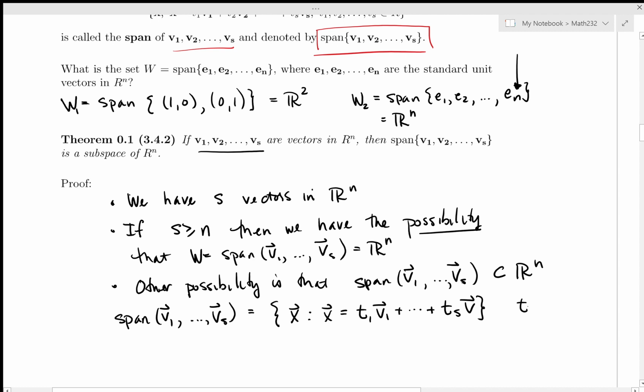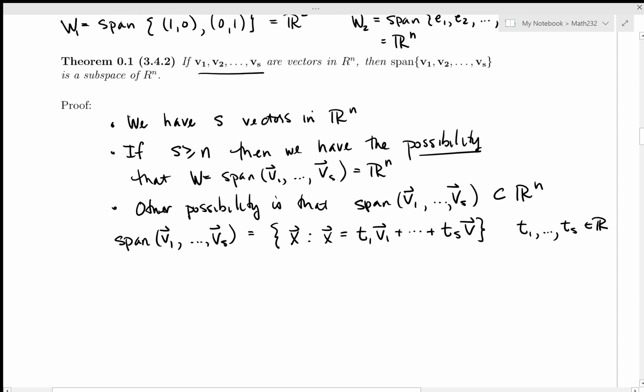And we have that T1 ... Those things are scalar real numbers. Okay, so we would then consider two vectors in the span of V1 through Vs. Let's consider vector x1. That vector looks like this.